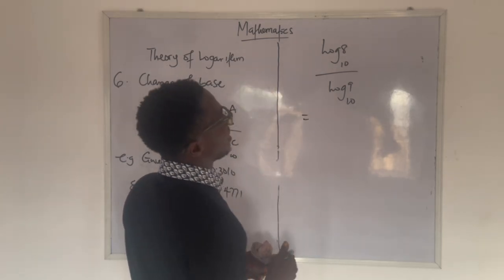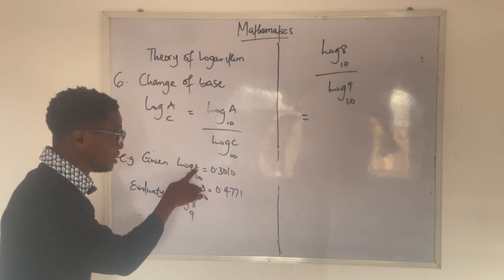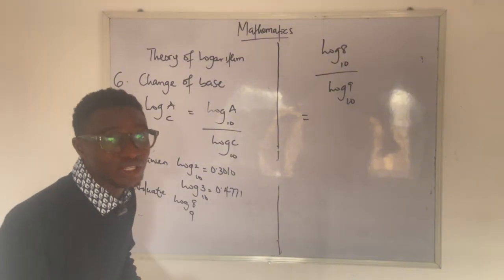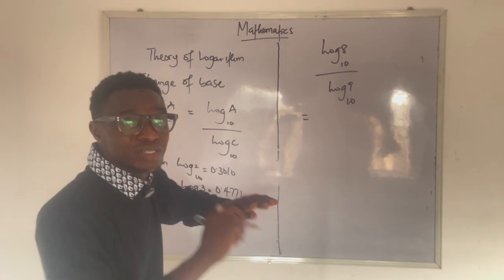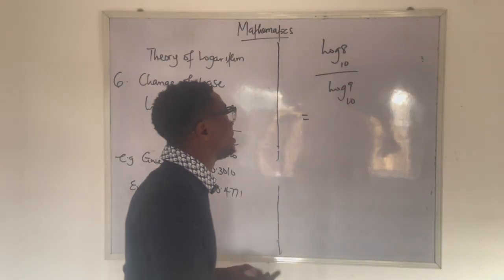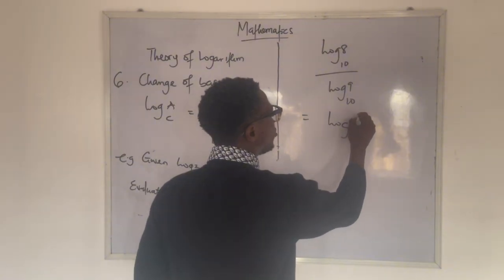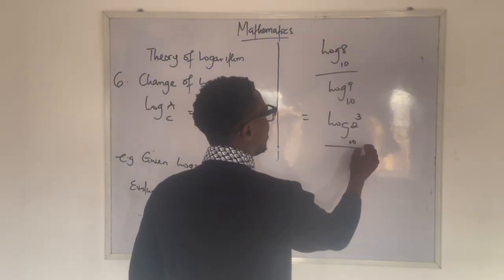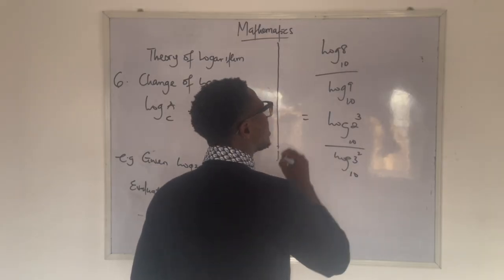Since I'm given log 2 and log 3, can I express 8 in the power of 2? Definitely yes. Can I express 9 in the power of 3? Definitely yes. So that's log 2 raised to power 3 base 10 over log 3 raised to power 2 base 10.